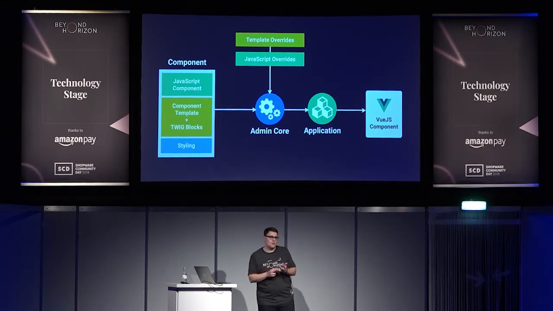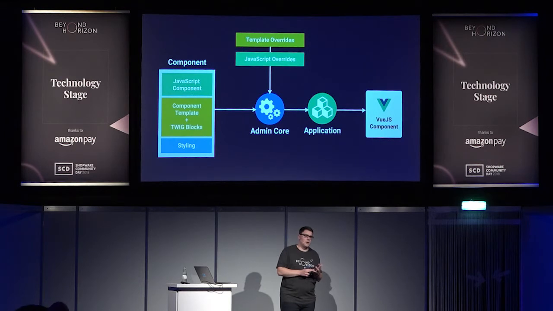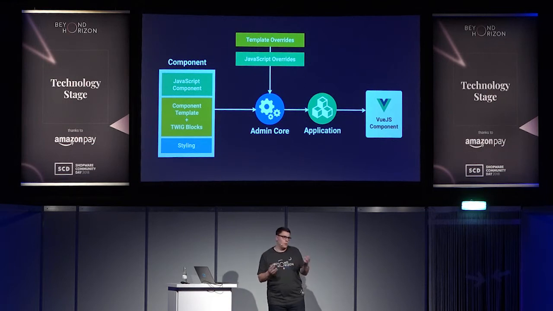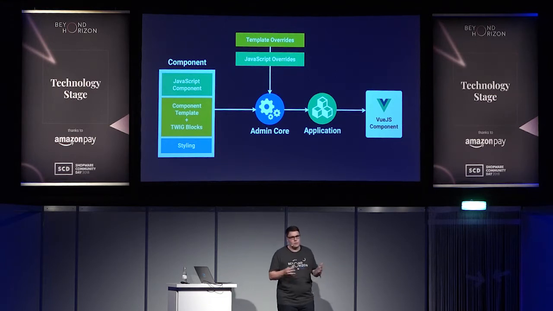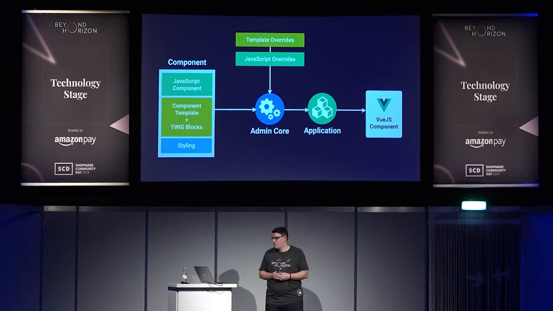And of course, there will be styling for the component. In our core administration, we will use Less, as we are also using it for the front end. But as a developer, you can use any CSS preprocessor you want. We will provide pre-configured Webpack configuration for several famous CSS preprocessors. The components are just registered to the core with the exposed object.